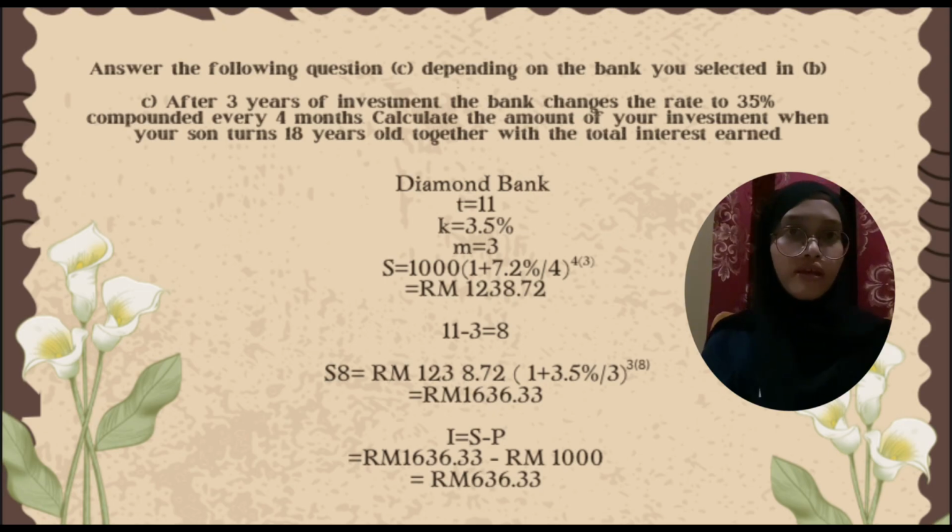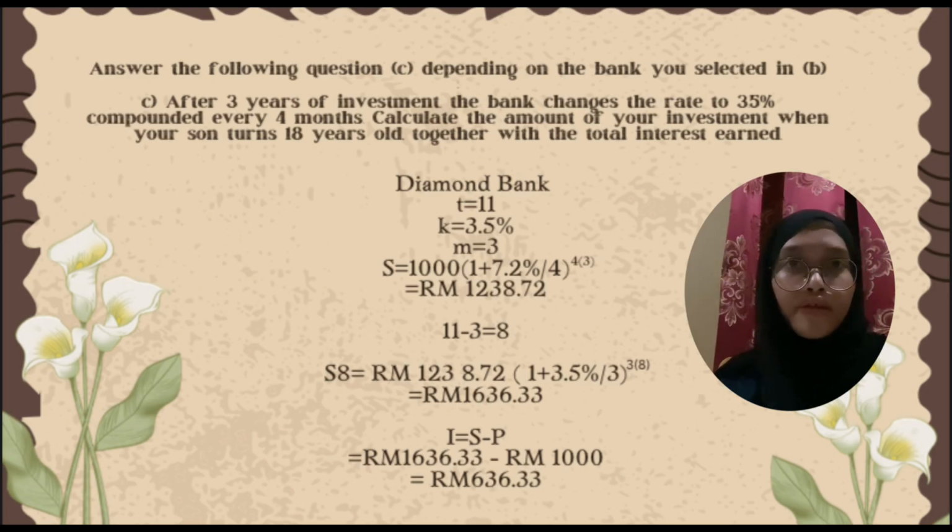Okay. So the question is, after 3 years of investment, the bank changed the rate to 3.5% compounded every 4 months. Calculate the amount of your investment when your son turned 18 years old, together with the total interest earned. So the calculation should be S3 equals 1,000(1 + 7.2%/4)^12. The answer is 1,238.72.